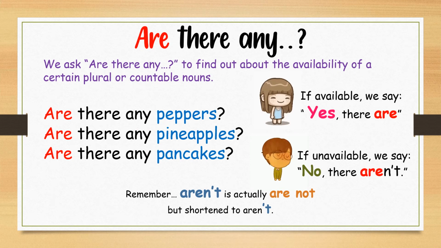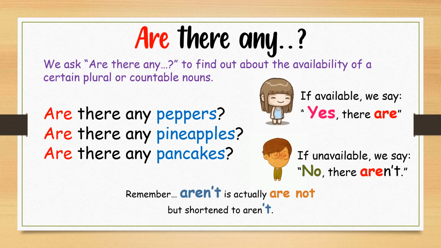Okay, we have looked at is there any. In this slide, we are going to look at are there any. We ask are there any to find out about the availability of a certain plural or countable noun. Remember, plural or countable nouns are things, animals, plants, places, or people which are more than one. Basically, many.